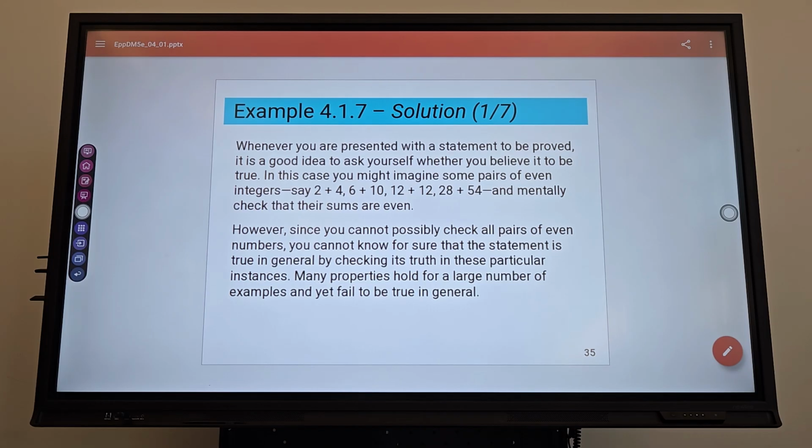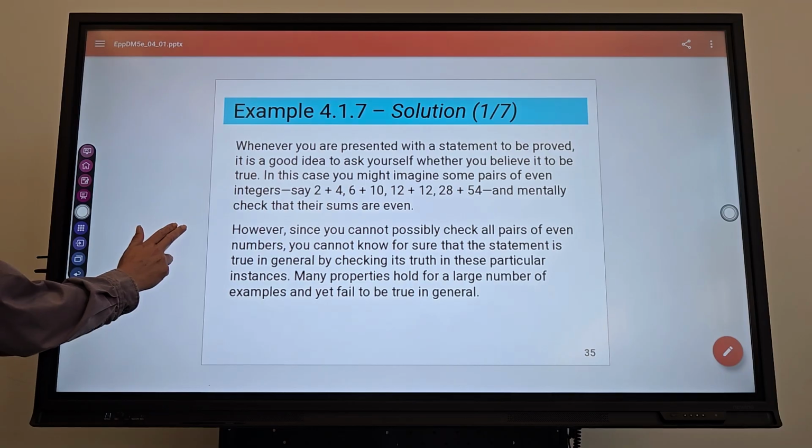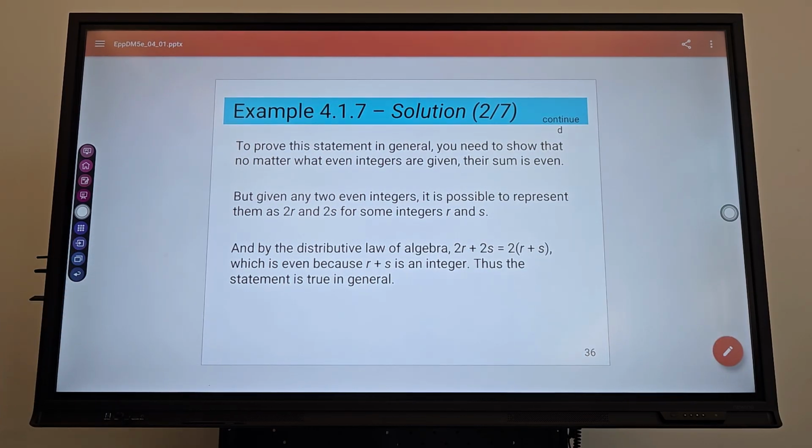Many properties hold for a large number of examples and yet fail to be true in general. To prove this statement in general, you need to show that no matter what even integers are given, their sum is even. So it goes through the process that I went through real quick.